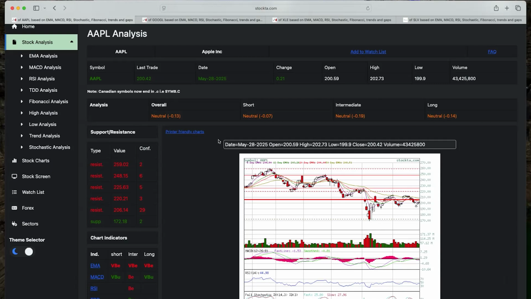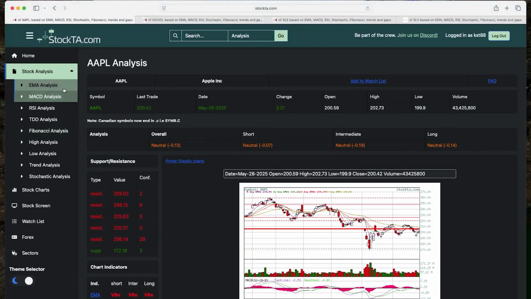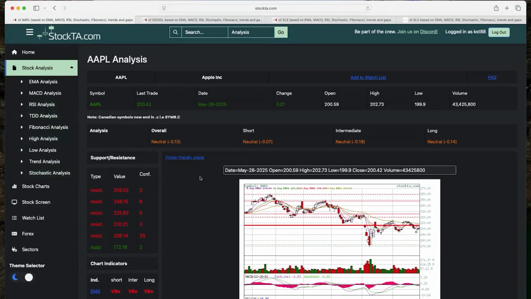Confluence is just a fancy term to mean where things meet. We have all these different studies on the left side: EMA, MACD, RSI, TDD, Fibonacci, trends, stochastics. We do all these different technical studies, and the machine runs it through the system. What it does is it spits out a Confluence system of where all these technical studies interact.